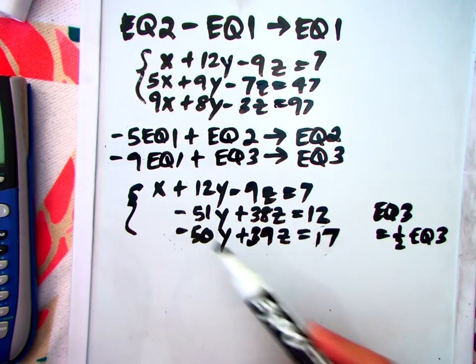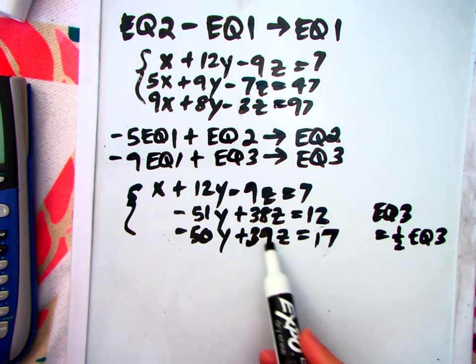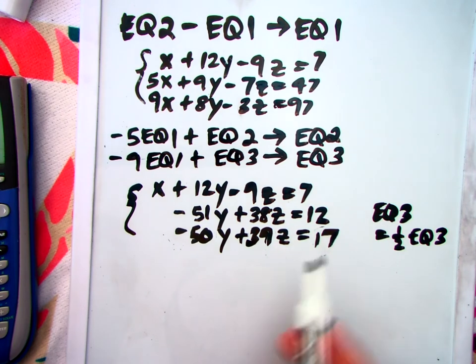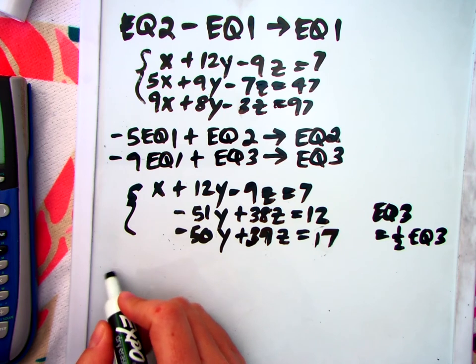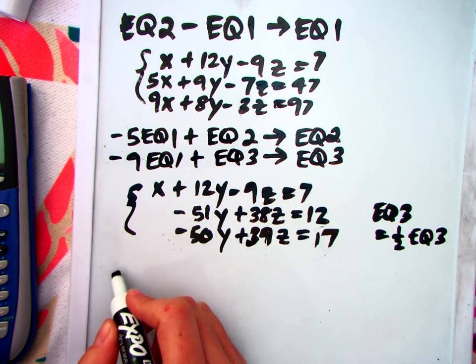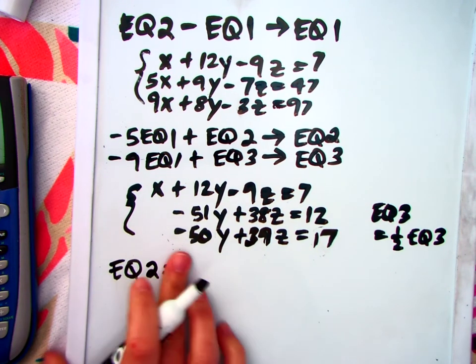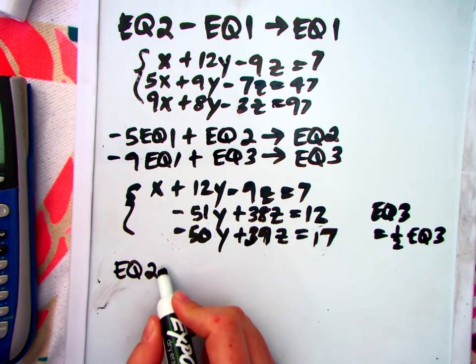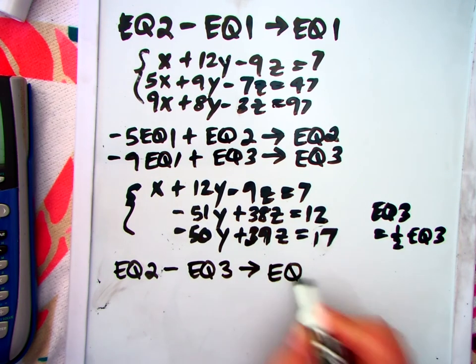Now this was helpful to me not only because I had smaller coefficients, but now it's easy to see how these two coefficients are only 1 unit apart from each other. So what if our next step, the new equation 2, equation 2 minus equation 3, is going to be my new equation 2.